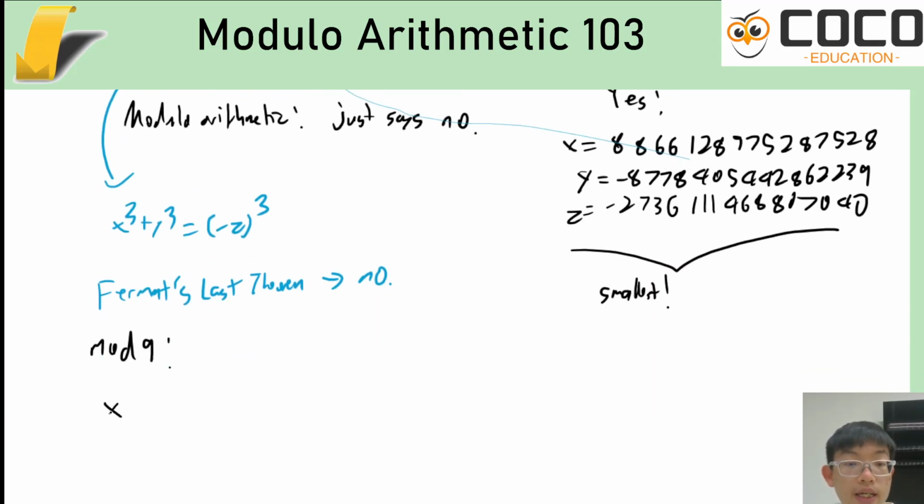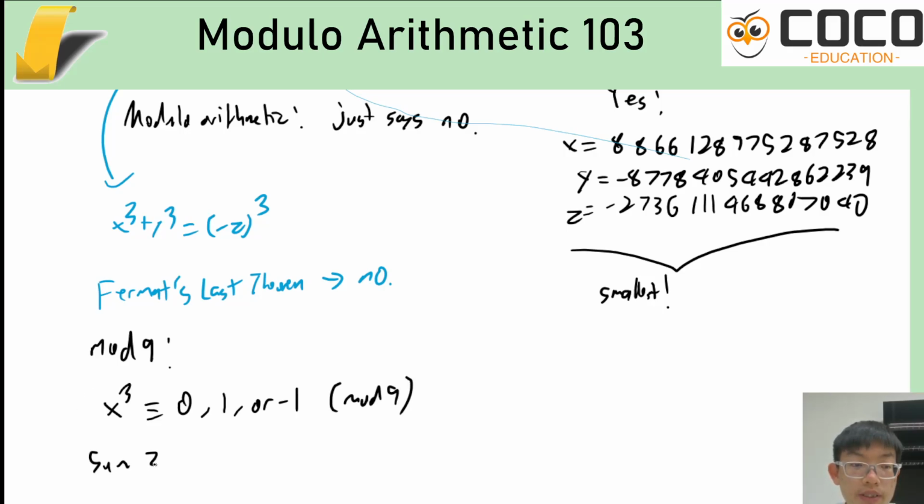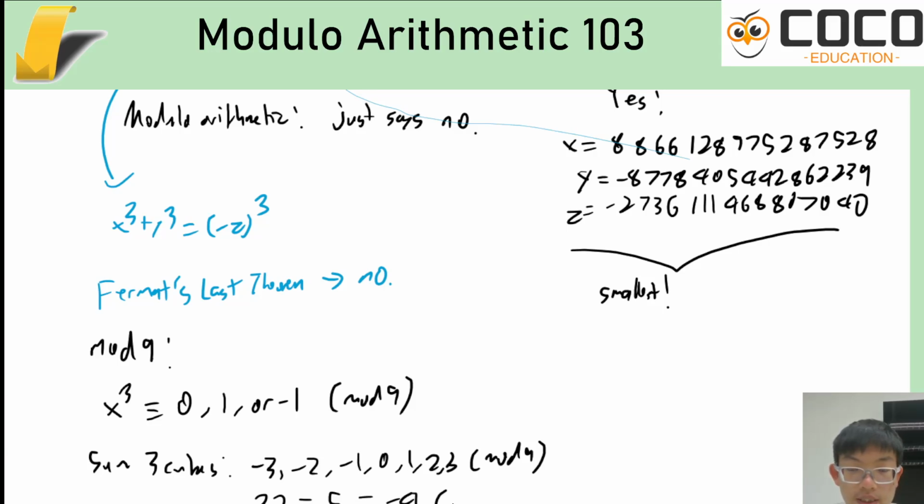And I will say that x cubed actually can only be 0, 1 or minus 1 mod 9. Which means that when you sum 3 cubes, you can only get from negative 3 to 3 mod 9, but 32 is congruent to 5, or negative 4, which is not in this list.